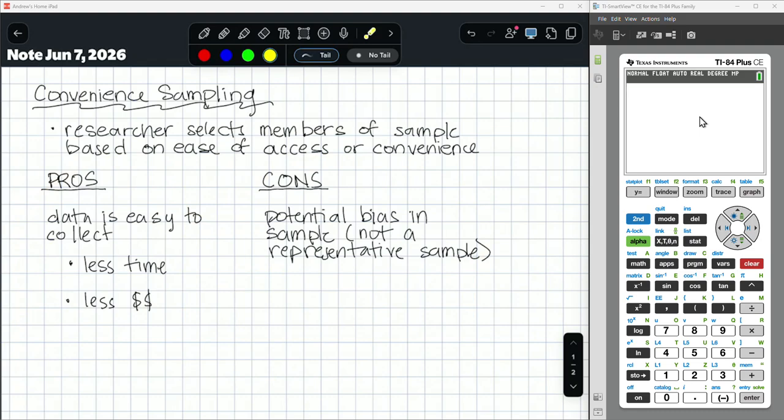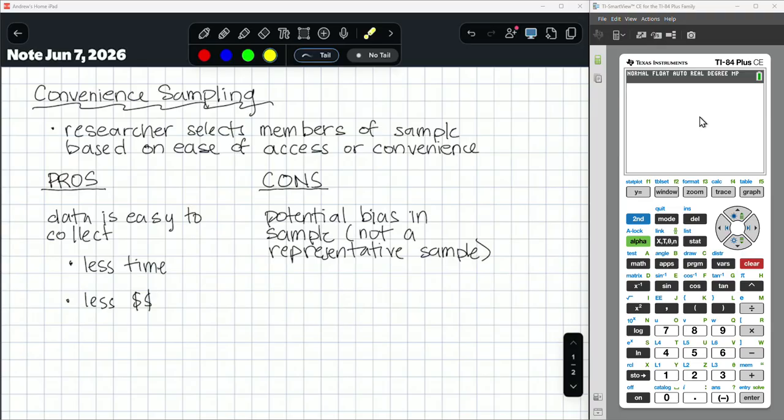As students in my stats class, more often than not, you're going to be reading other people's studies and not doing your own. Most of you are not going to be professional statisticians. So when you are reading the studies of others, you really need to look at how they collected that sample. Did they use a sample that had randomness in it?